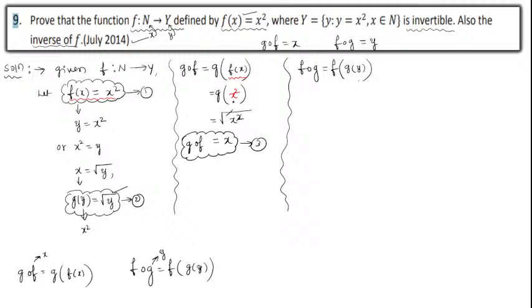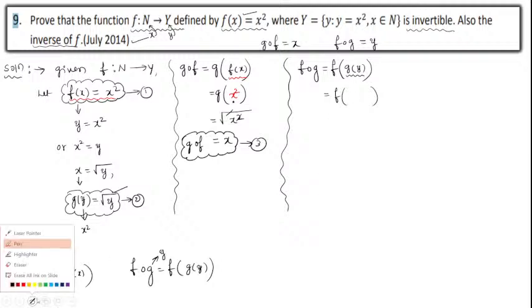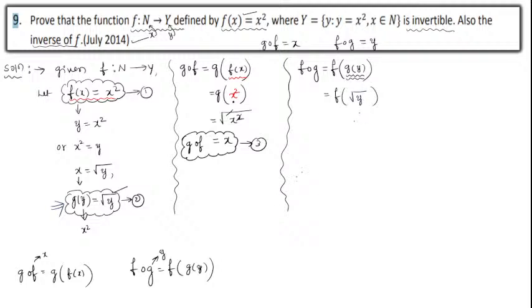That is equal to f of g of y, where you have to insert the value of g of y. See what your g of y is here. I got g of y is equal to root y. So in place of g of y you have to write root y. Clear?